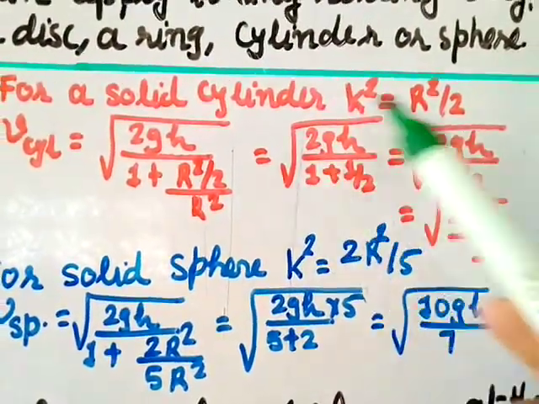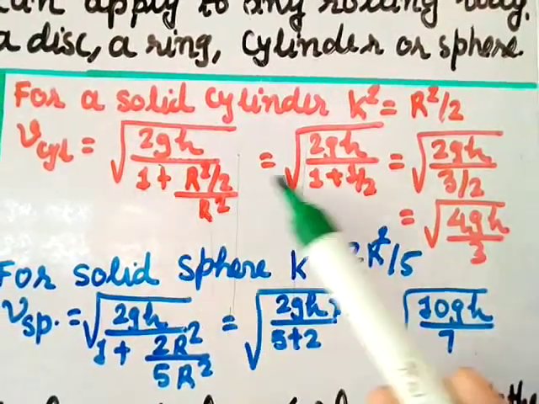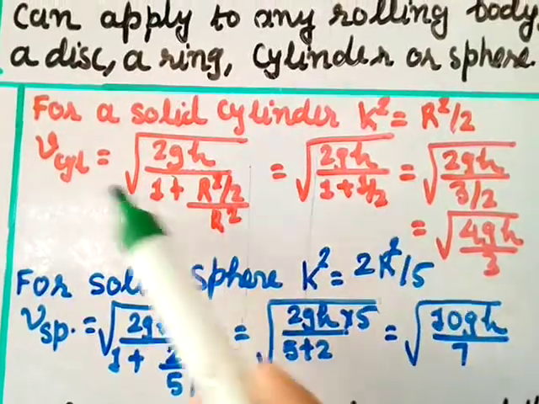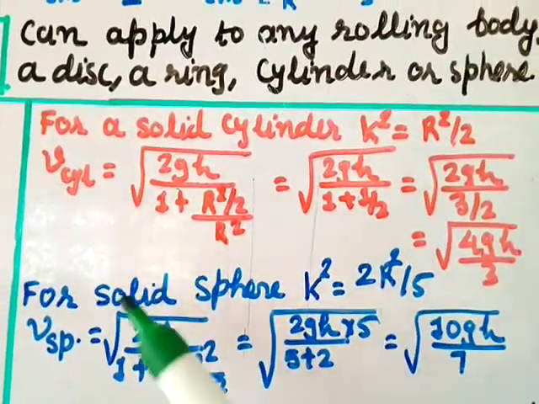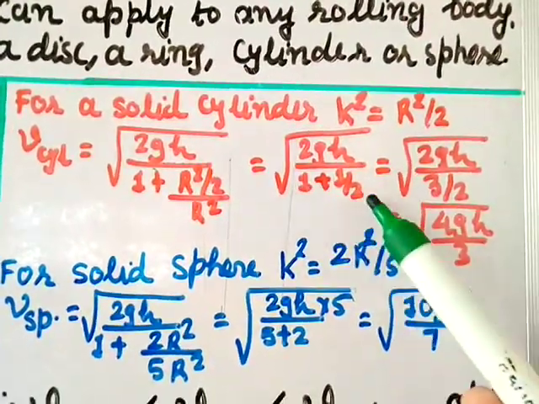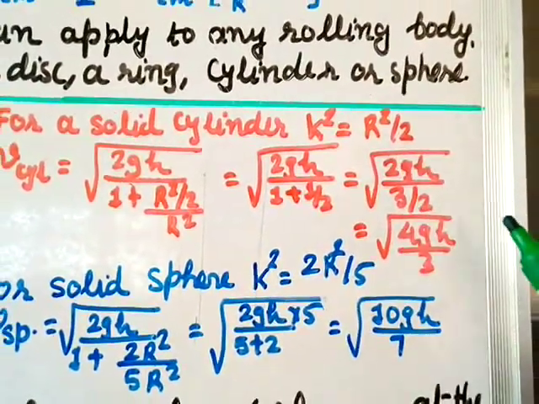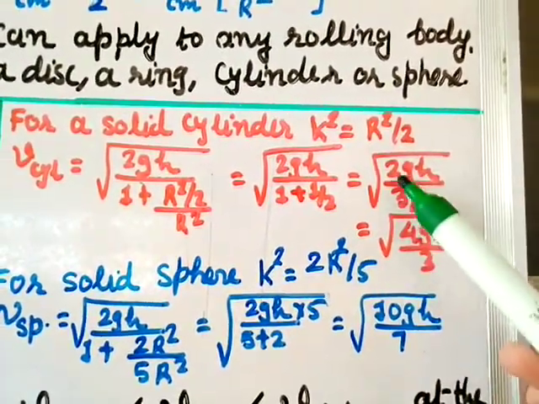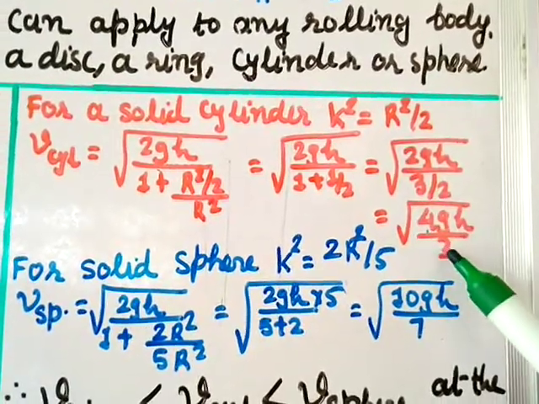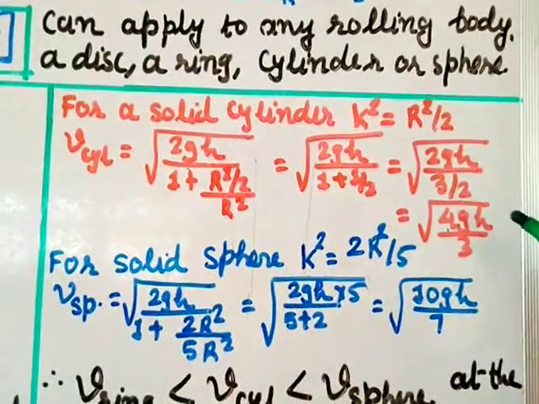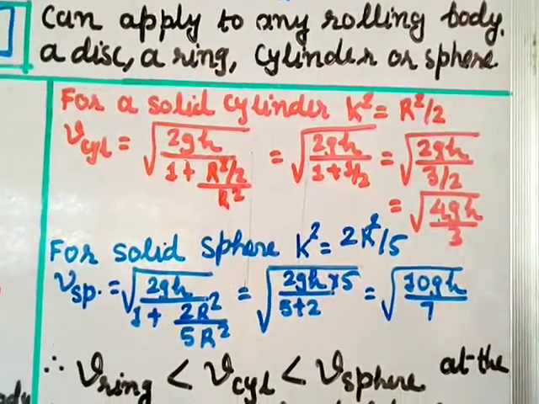So you get the square root of 2gh times 1 plus 1 by 2. That is V cylinder, the velocity for the cylinder. If you take the LCM, 2 plus 1 is 3 by 2, and this 2gh, these two you take in the numerator and multiply with these two, so you get 4gh divided by 3, all under the square root. So the velocity of the cylinder is the square root of 4gh by 3.